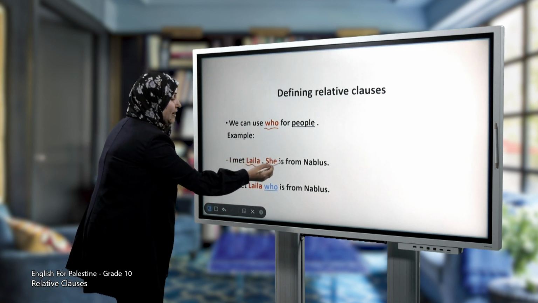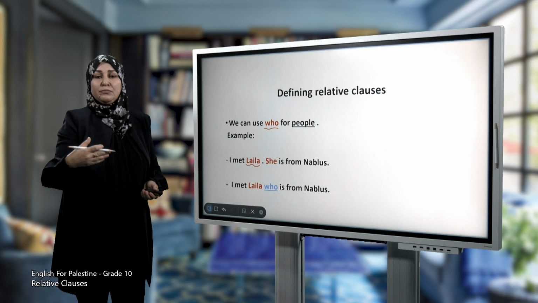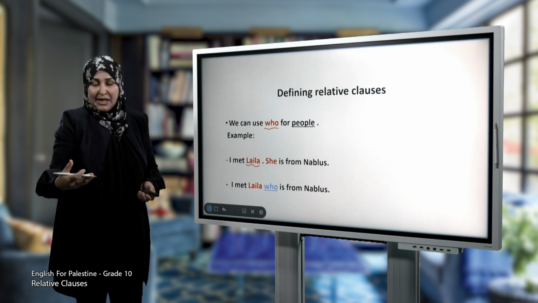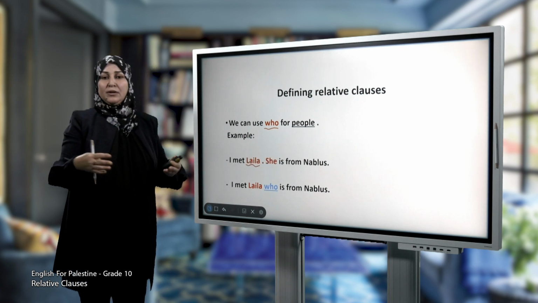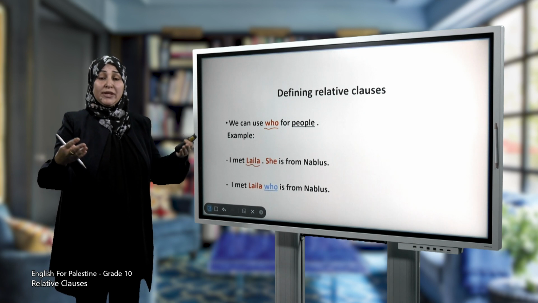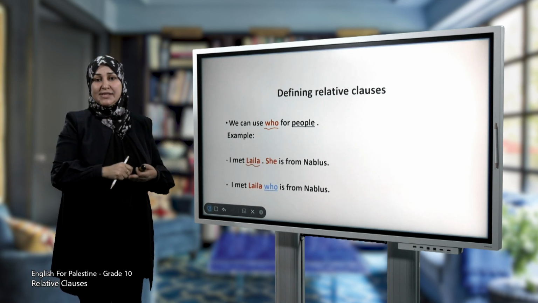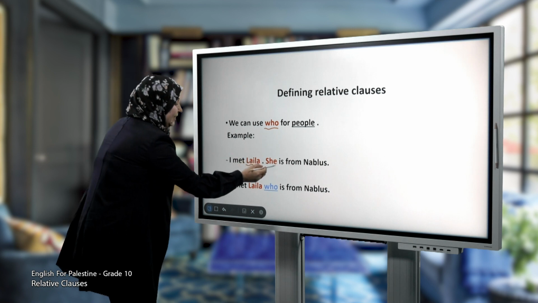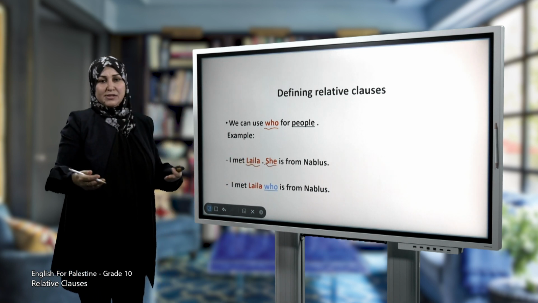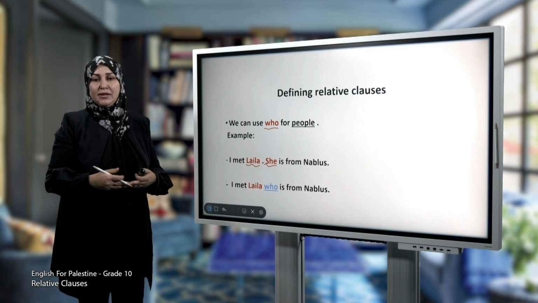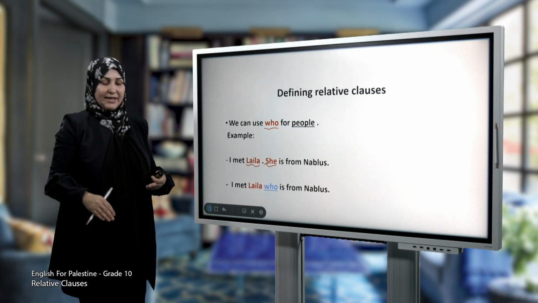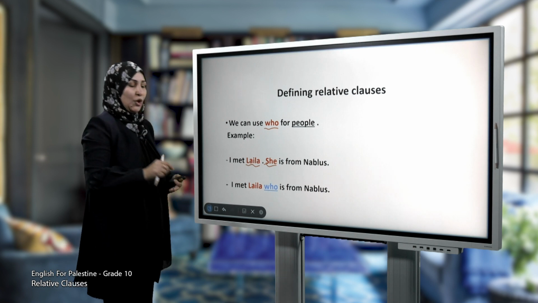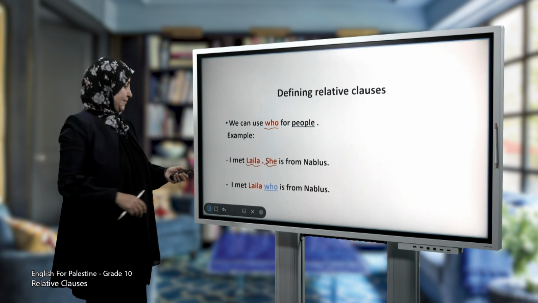I want to add more information about her, so I said she is from Nablus. Now I am going to join these two sentences into one. We are talking about someone, so we use who. I met Layla, who is from Nablus.